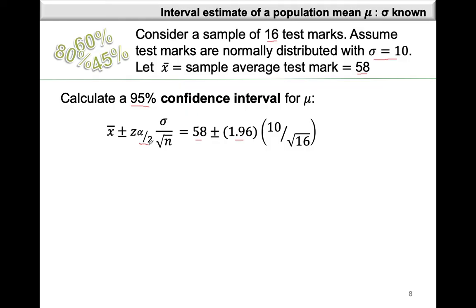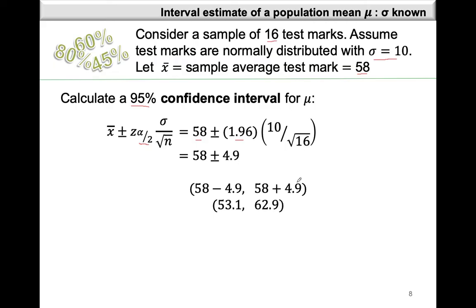So if we look for the z value, such that the area to the left of it is 0.025, then we'll find it's going to give us 1.96. Multiplied by 10 over the square root of 16. 10 is sigma, 16 is n. So this is equal to 58 plus or minus 4.9.